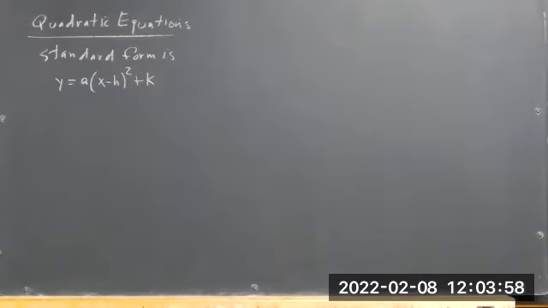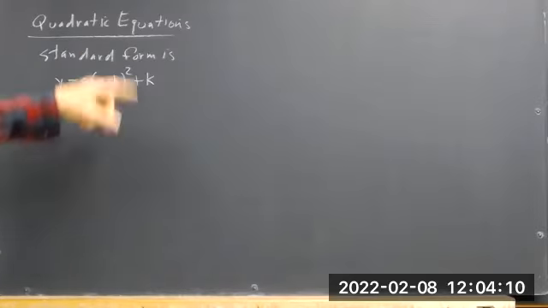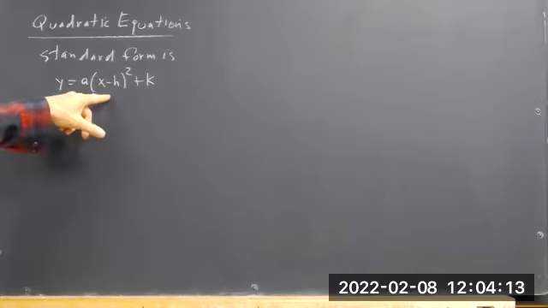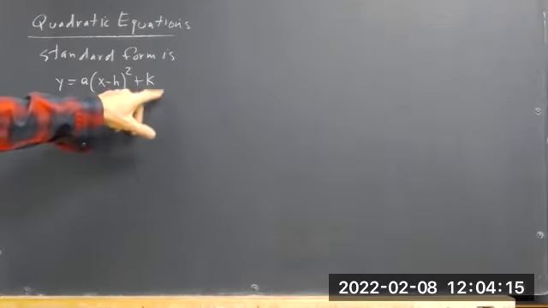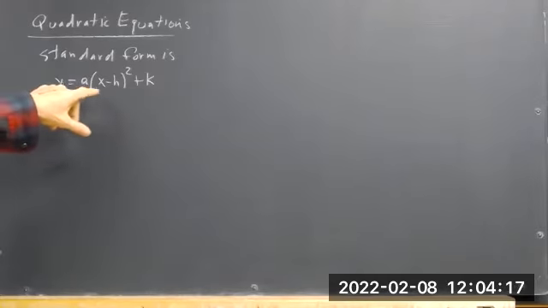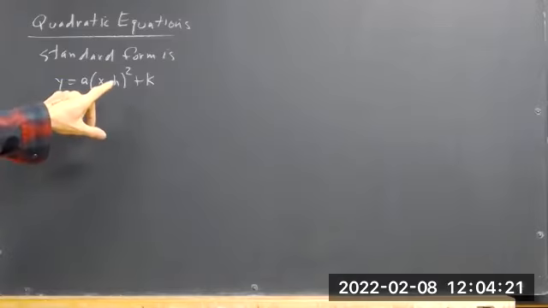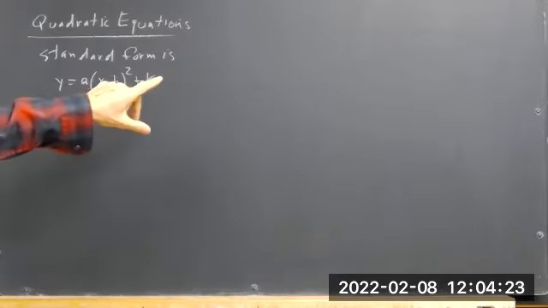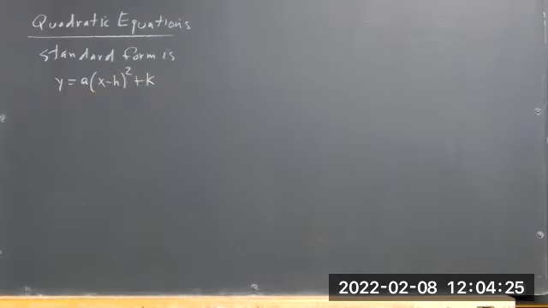Here's your standard form. And this is just your x squared function, first of all stretched by factor a in the vertical direction, shifted h units in the horizontal direction, k units in the vertical direction.